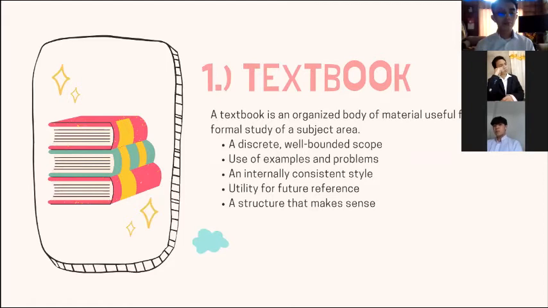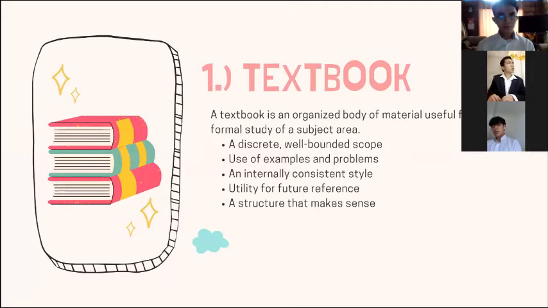Utility for future reference. It means material such as a textbook provides data essential for future reference on a certain topic. It aids easy access to the information needed by the teacher or student.